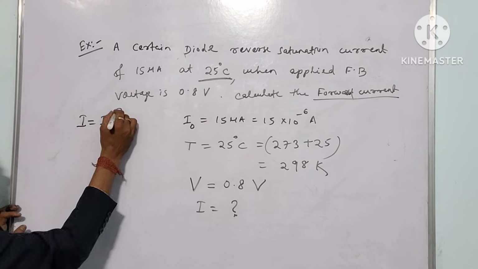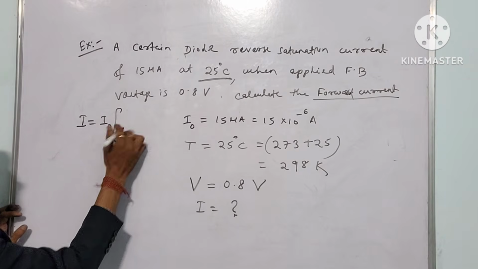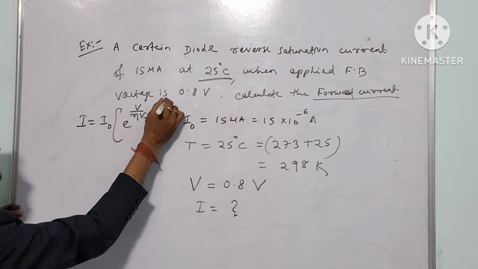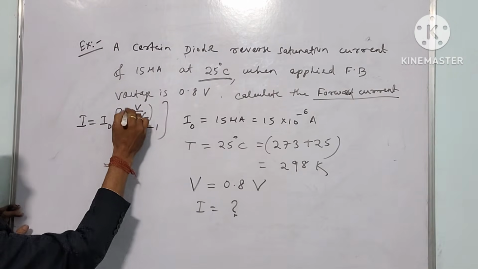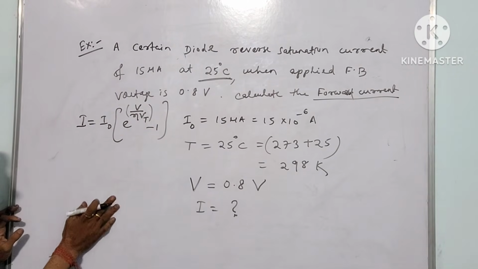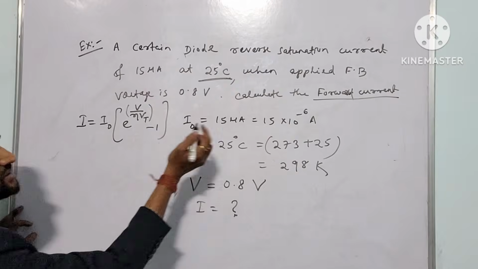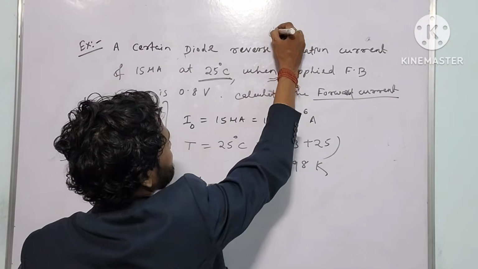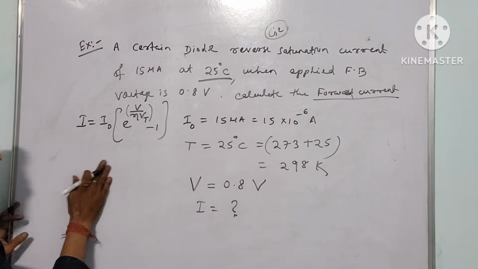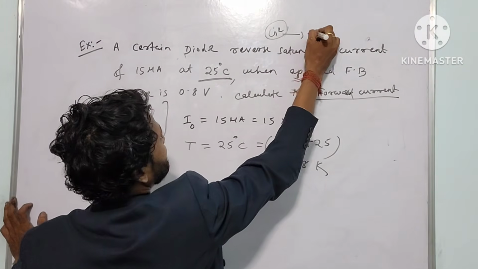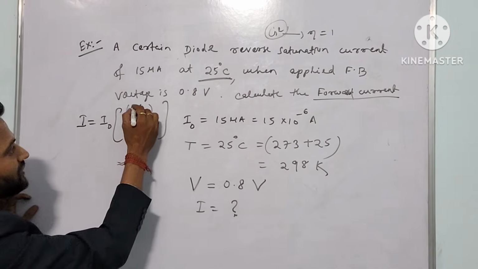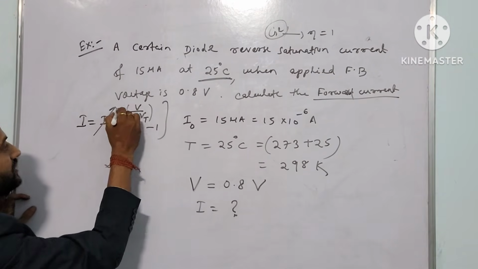I is equal to I naught into e to the power V by eta Vt minus 1, the entire part. It is not given which type of atom. You can take it as germanium. So what is eta for a germanium atom? Eta is 1. Okay.